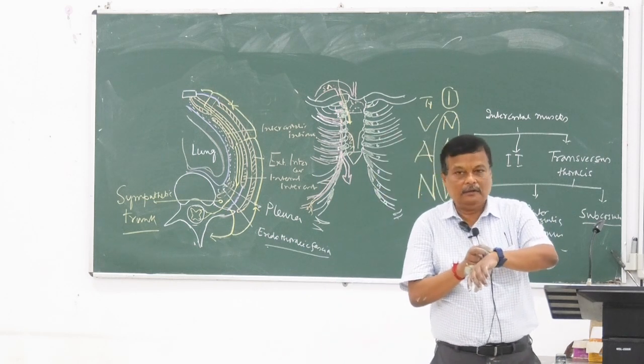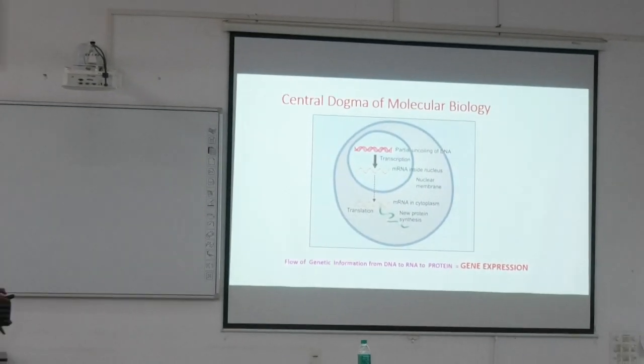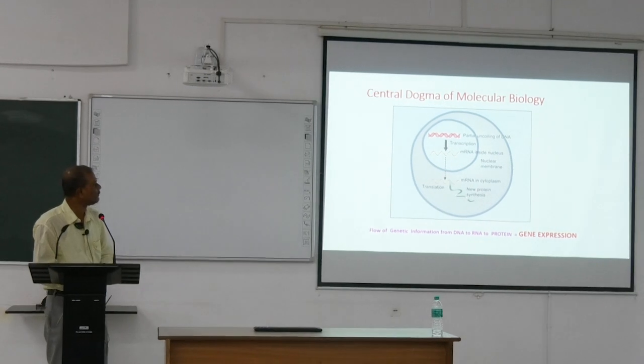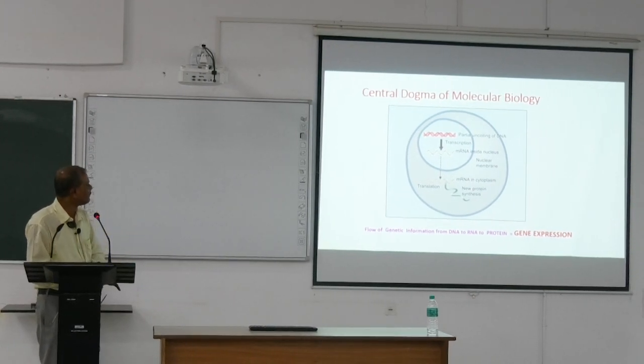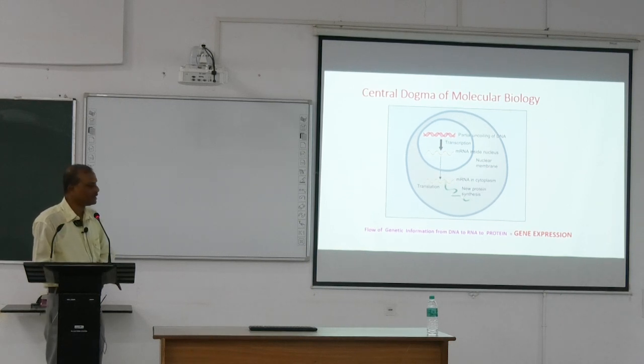So let it be for today. I am starting the translation. There will be some factual information which you must remember. So this is the central dogma of molecular biology, you must remember. There is a flow of genetic information from DNA to RNA to protein, and that is what is called gene expression.